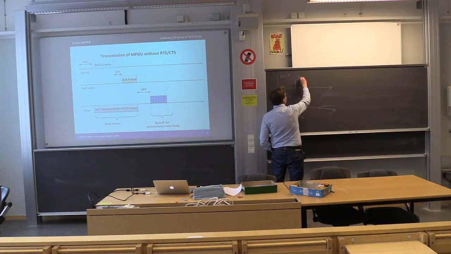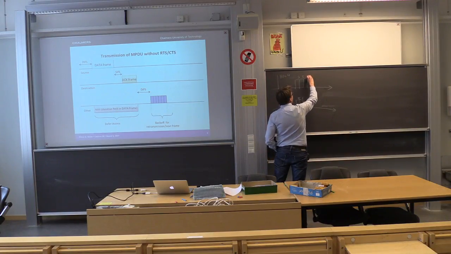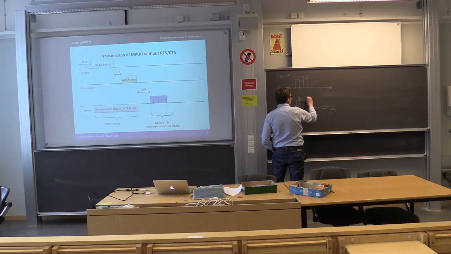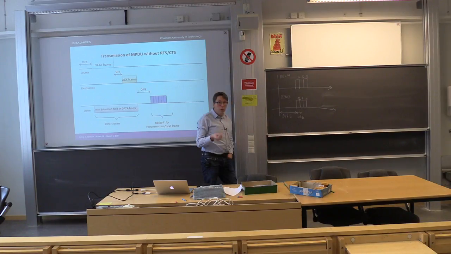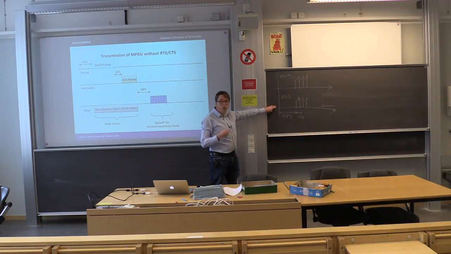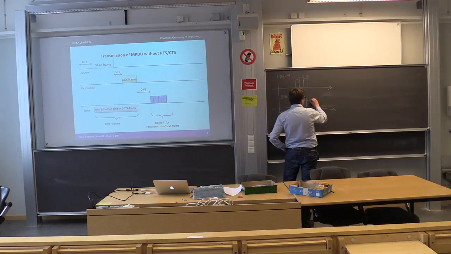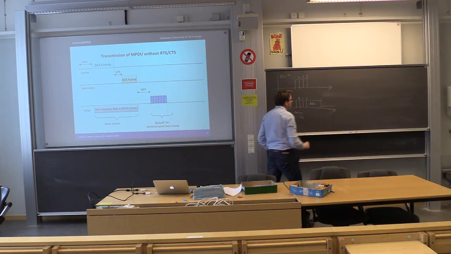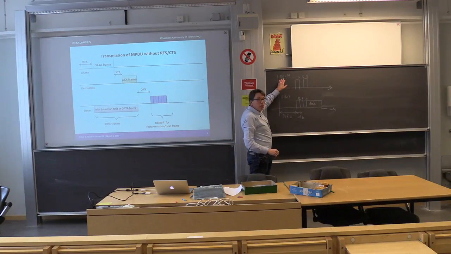And then the next slot, we get 2 here, 1 here. Next slot here, we get 1, and here we get 0. Okay, so at this point in time, the back-off counter for the station here has expired, and it will start to transmit its frame, its data frame.